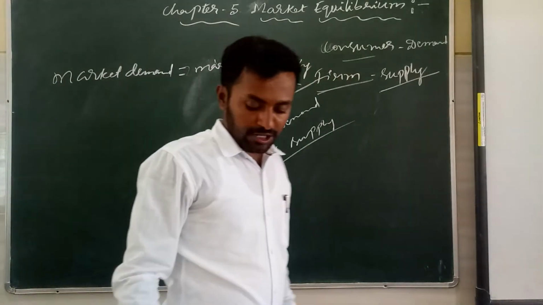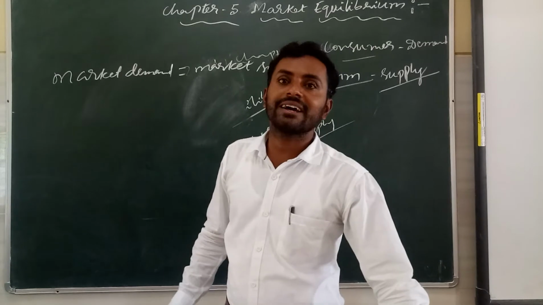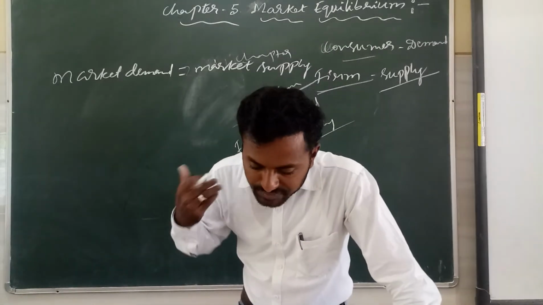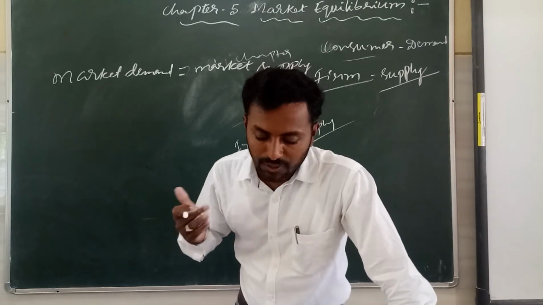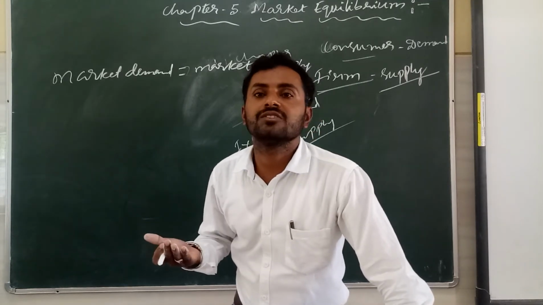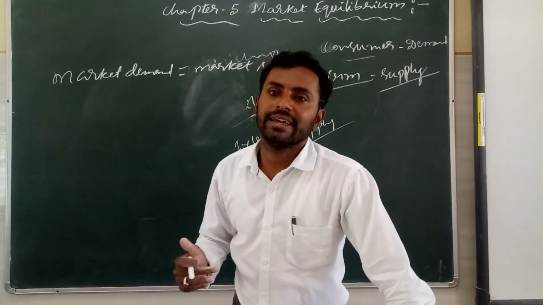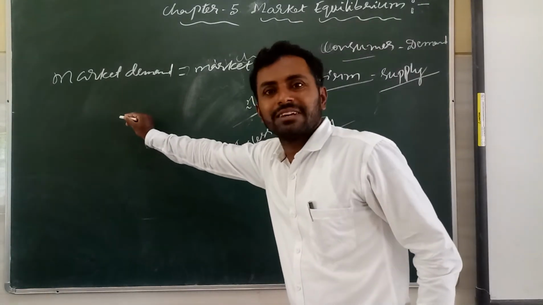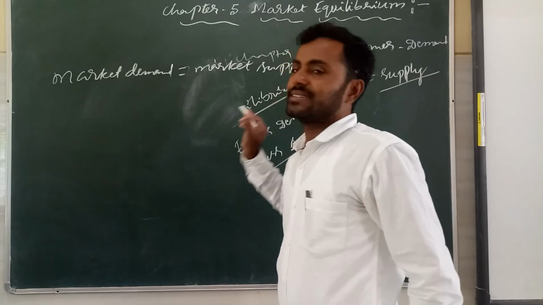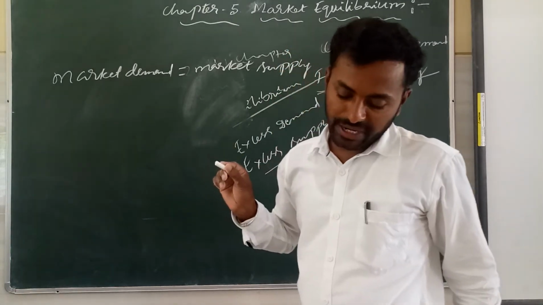An equilibrium means the aggregate quantity that all firms wish to sell equals the quantity that all the consumers wish to buy. In other words, market demand is equal to market supply.